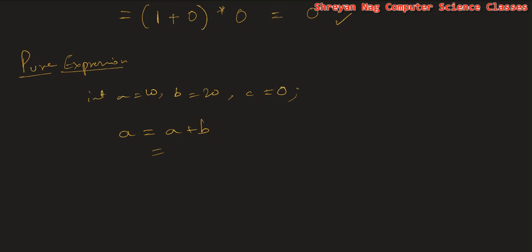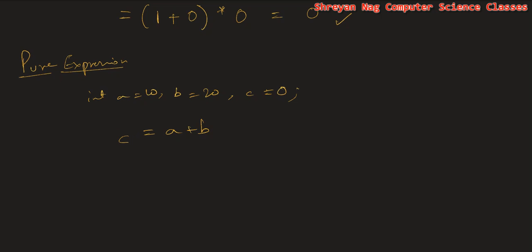So here you can see that only one type of operator is there, only plus. This is a pure expression where only one type of operator is being used. Suppose only plus, only minus, only multiplication, only division symbols.